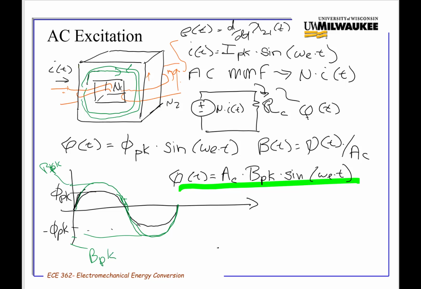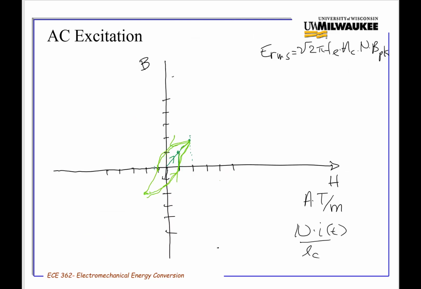So flux and flux density are proportional to each other, and knowing all this information with the Epstein test, this is a constant.